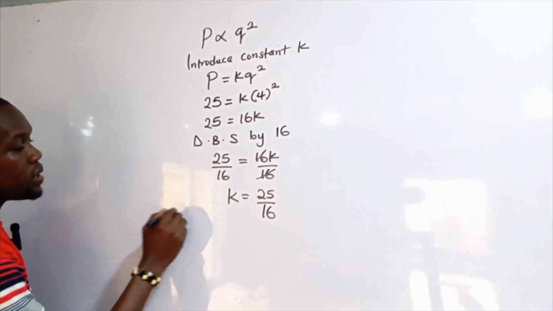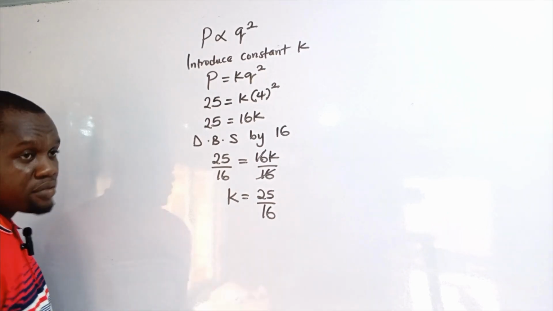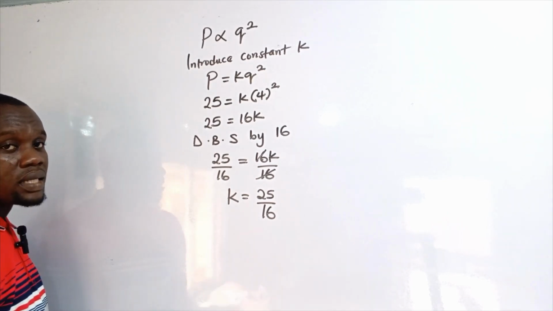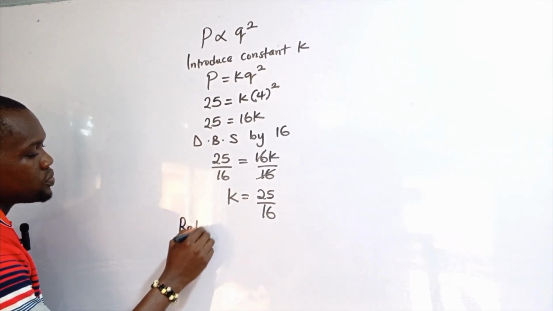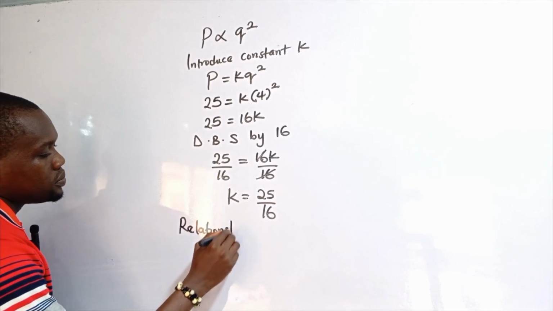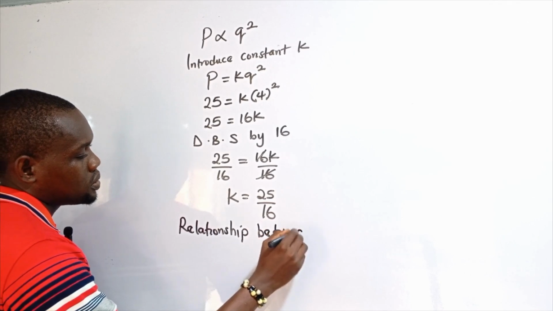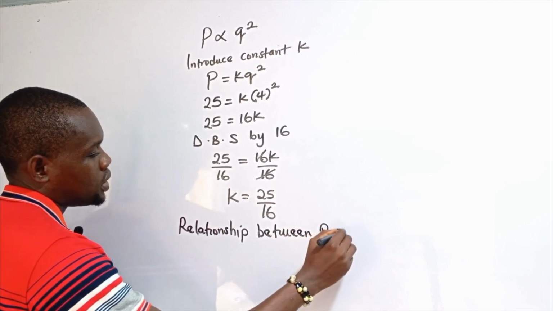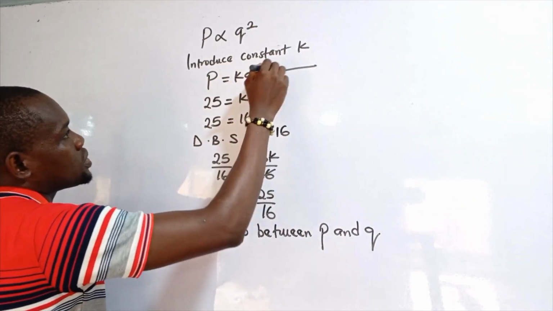So from here, in as much as we're not told to establish the relationship, we have to do that, because that will not help us to answer other questions. So we can now say, okay, relationship between P and Q. So we are coming back to this place.